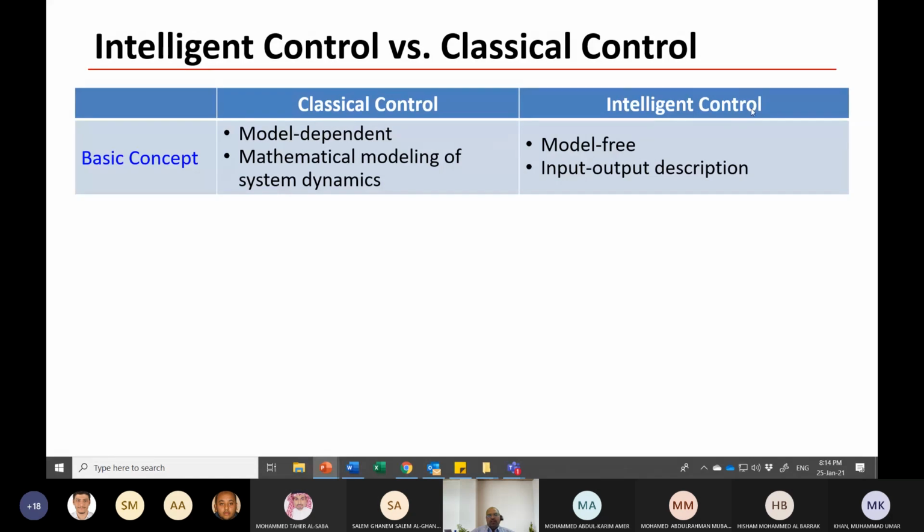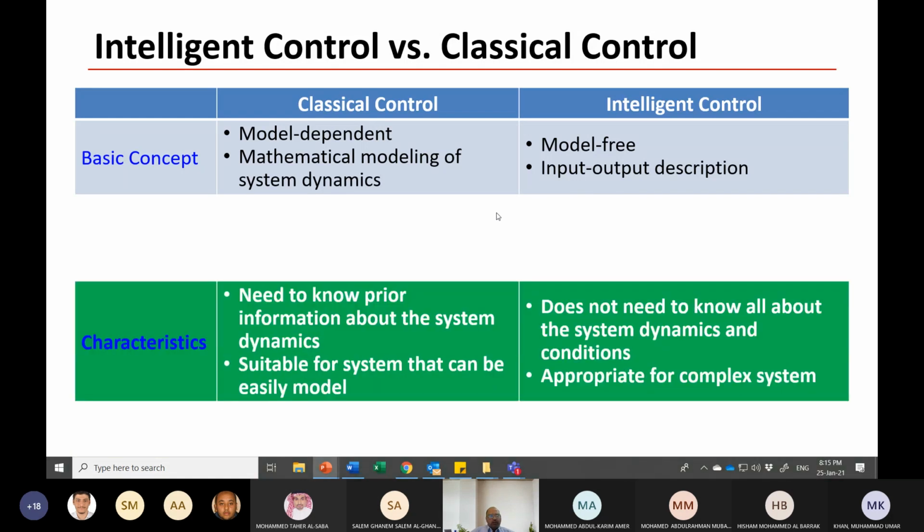But here for intelligent control, and this is the major advantage, it's a model free. We don't need the exact mathematical model of the plant. So it is a model free. You don't need to develop the model. It handles input-output description or tries to establish a relationship between the input and the output, whatever the components of your plant or of your process.